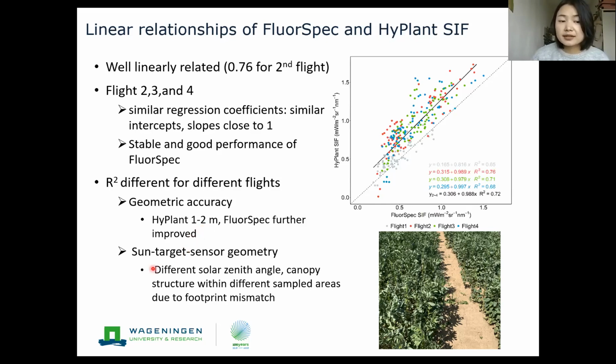The second reason could be the sun-target-sensor geometry, because we collect the data in a diurnal pattern. So the different solar zenith angle would affect the sun-target-sensor geometry.